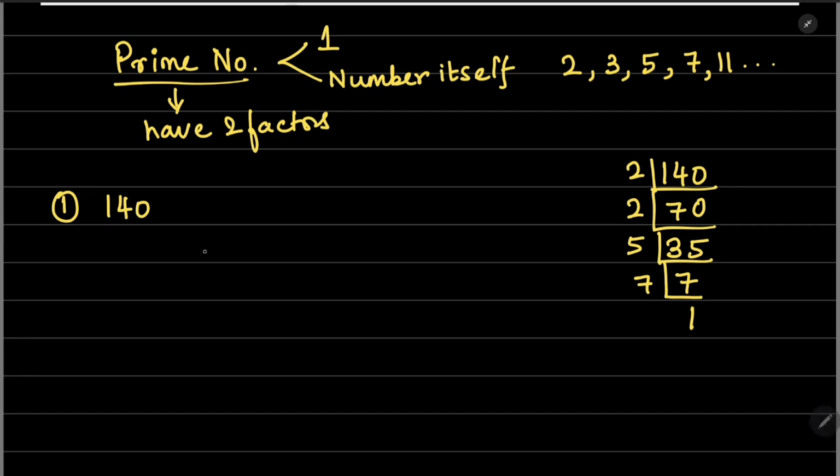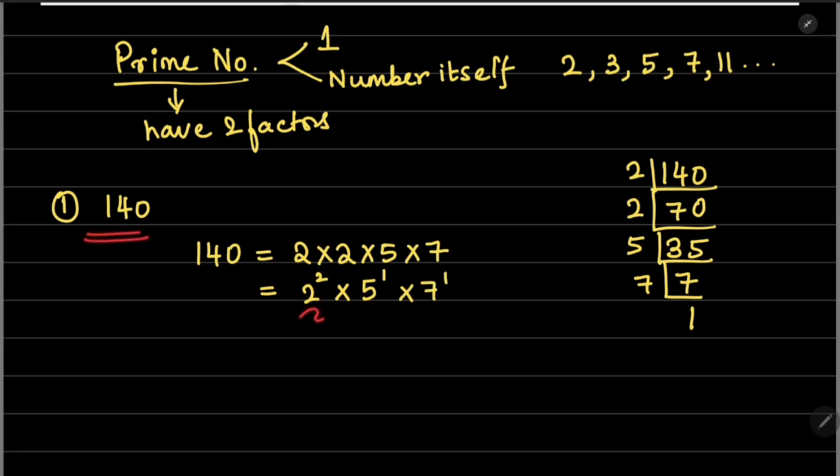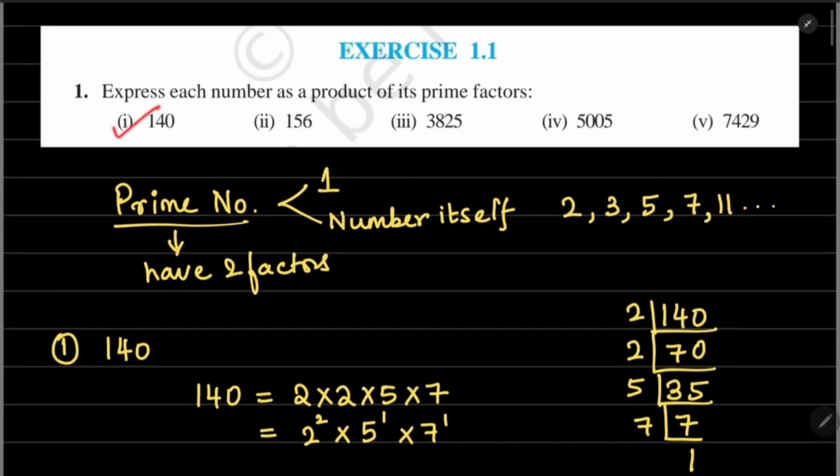So I can write 140 is equal to 2 multiplied by 2 multiplied by 5 multiplied by 7, which I can write as 2 square multiplied by 5 raised to the power 1 multiplied by 7 raised to the power 1. So you have expressed 140 as a product of primes, namely 2, 5 and 7. This is the answer for the first question.